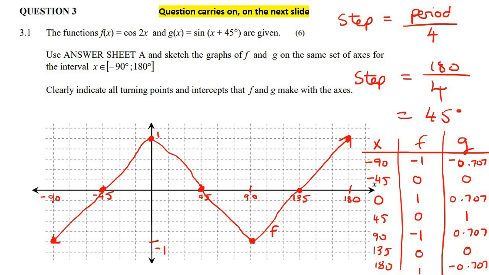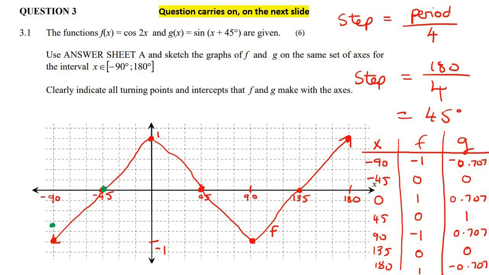Now, for the next graph, which is g, we're going to start with an x value of -90 and a y value of -0.7. So let's go to our x value of -90. Now you see this is 0.2, 0.4, 0.6, 0.8, negative. So 0.7 would be somewhere in between. So that would be over there. Okay, and then the next point is -45 and 0. So that's over there. 0 and 0.707.